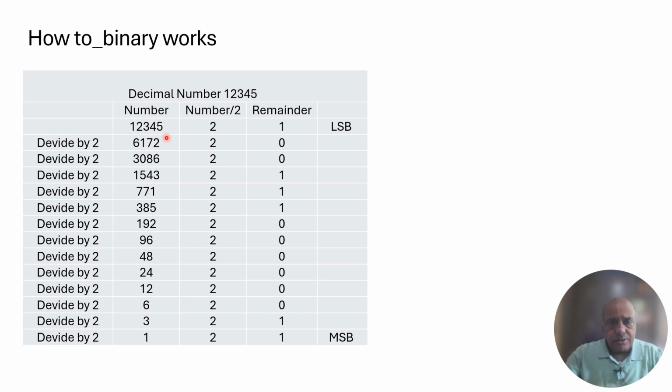In this fashion, in every iteration, or every recursive call to the function, the number 12345 gets converted into its equivalent binary number, and the division goes on till the number we want to convert to binary is reduced to 1.